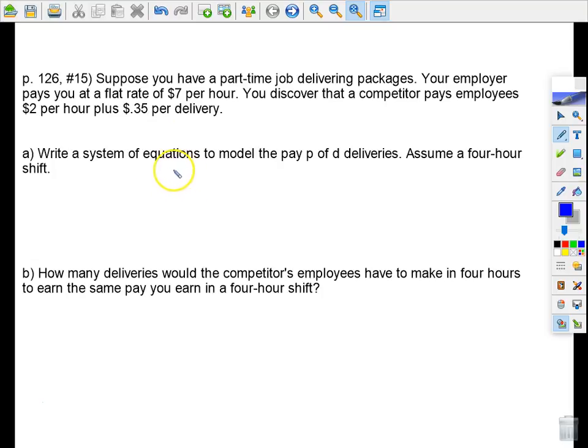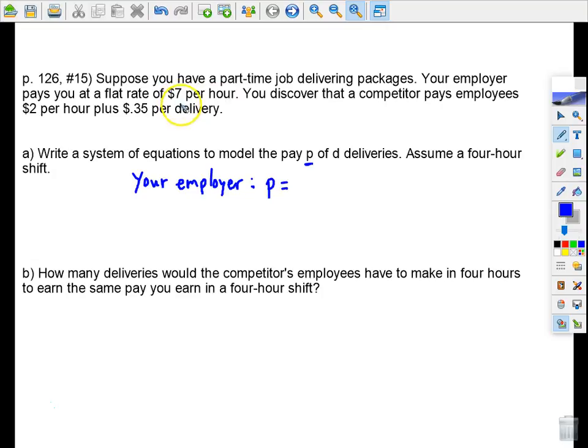Okay, so let's just label your employer. We'll start there. We're using P to represent pay, so pay is going to be equal to, and D stands for deliveries. Your employer pays you a flat rate of $7 per hour.